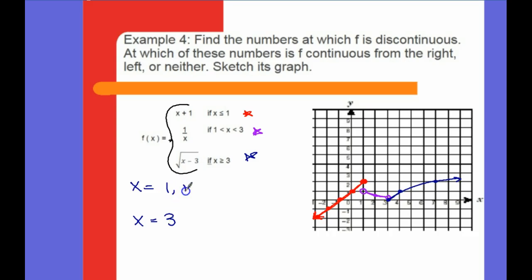Yep. And then the question is, okay, are they continuous from the right, left, or neither? The first one's left, the second one's right. Perfect. So this will be from the left, because the left-hand limit will equal the function value. And the second one will be from the right.